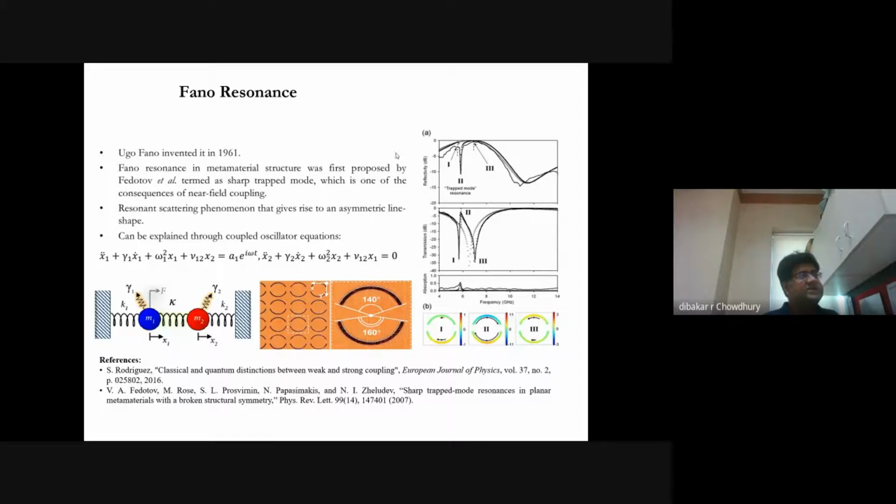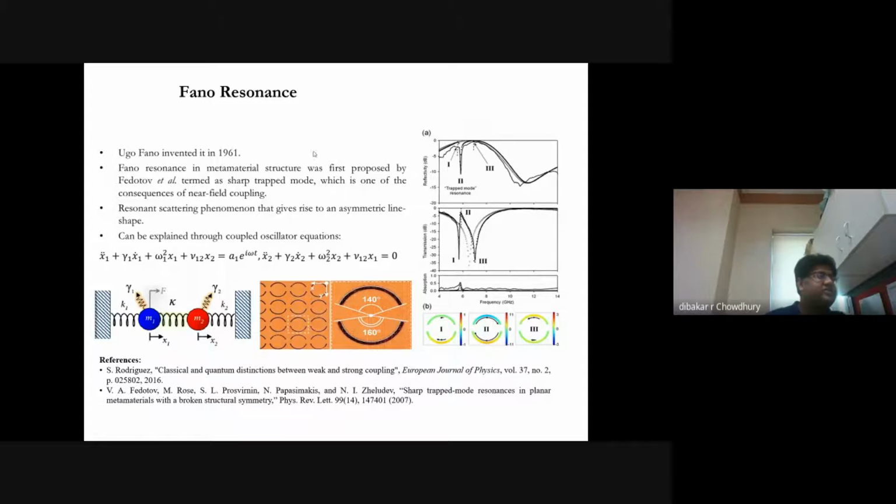What it says is that if you have a broad spectrum, and on top of that, you have a narrow resonance, then the interaction between them can lead to a very high quality factor asymmetric line shape resonance.